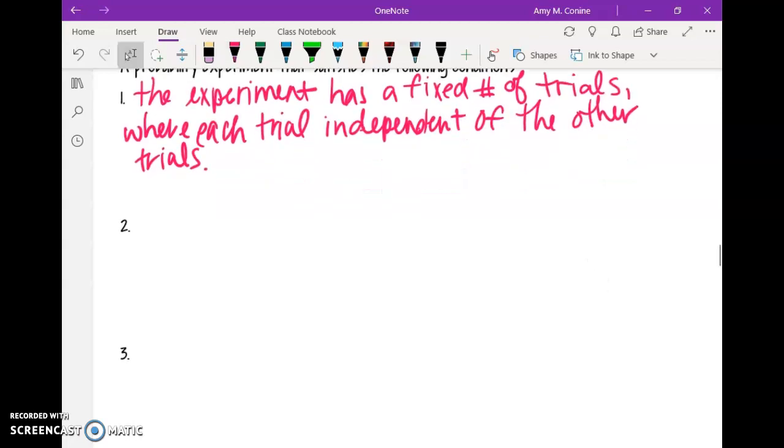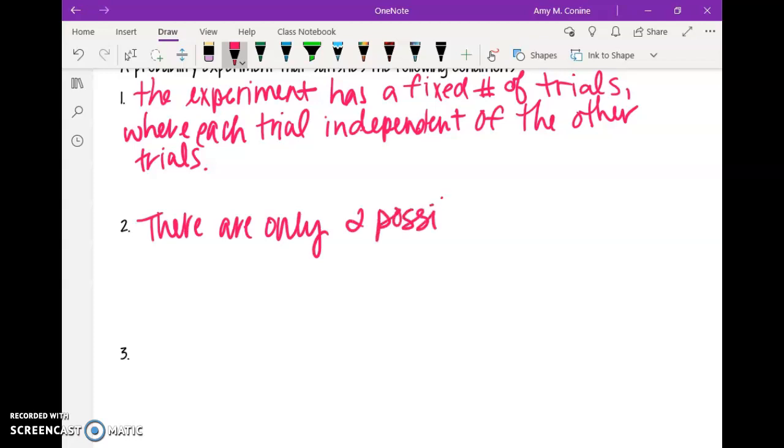Okay. So the second one, there are only 2 possible outcomes of each trial.